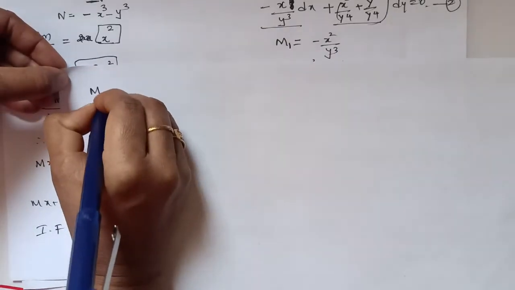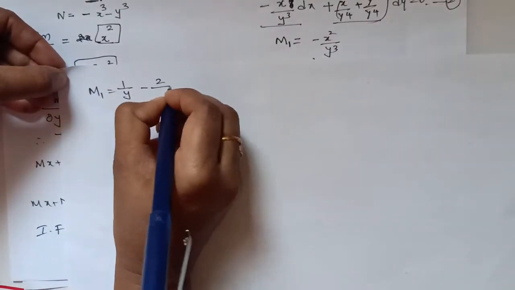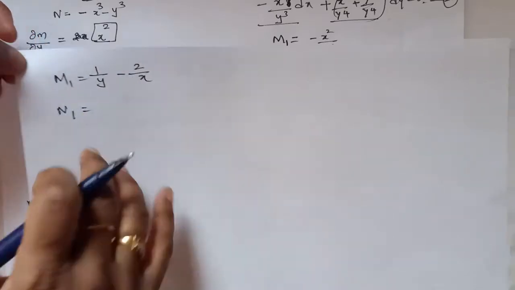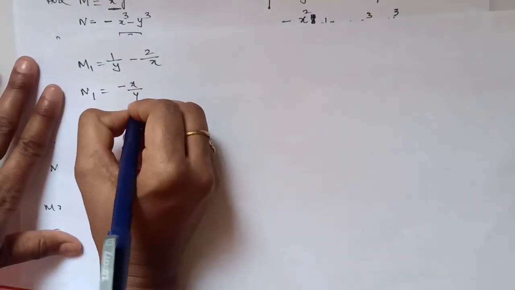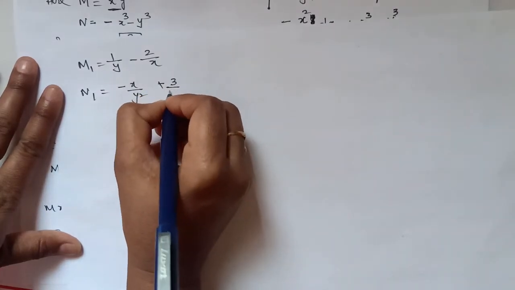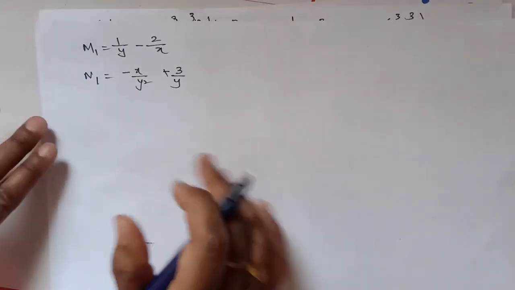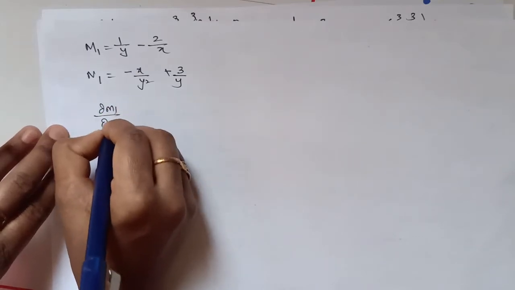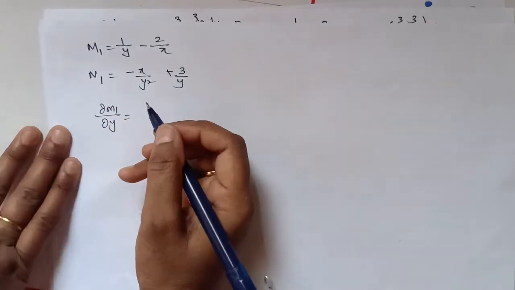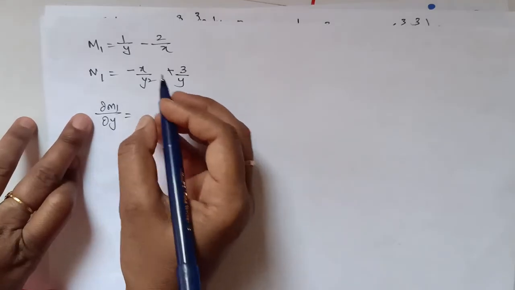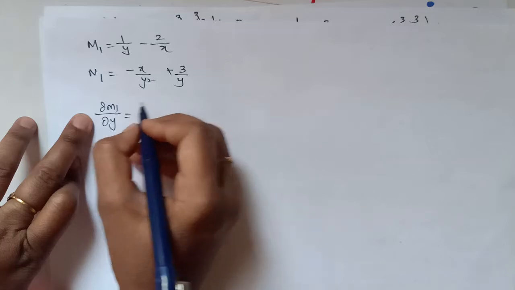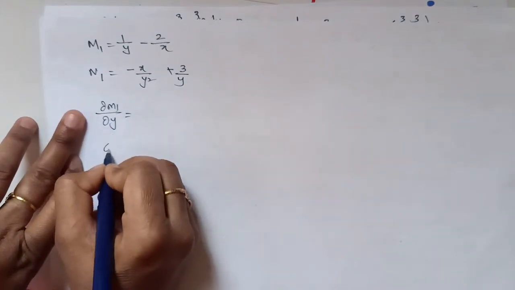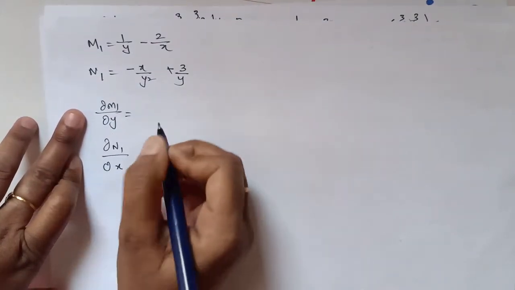M1 is 1 by y minus 2 by x and N1 is minus x by y square plus 3 by y. Okay, we got M1 and N1. We do not know whether it is exact or not. Let us find dou M1 by dou y.